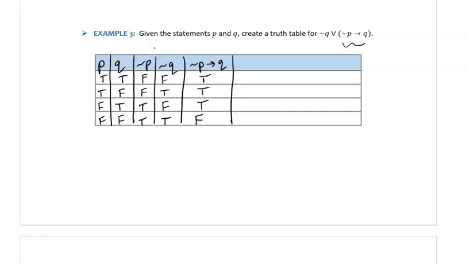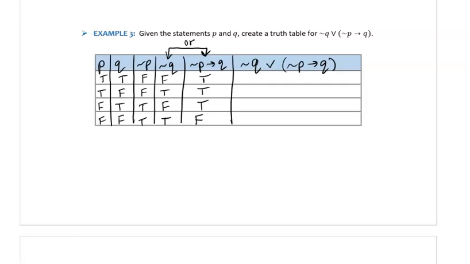Lastly, we will make a column for the entire statement. Notice that we are creating a disjunction, an or statement, between not Q and the column we just created. Recall that or statements are true when one or both parts are true.